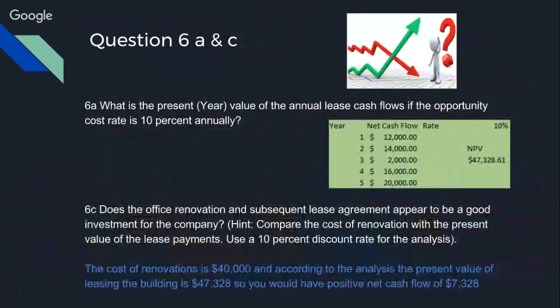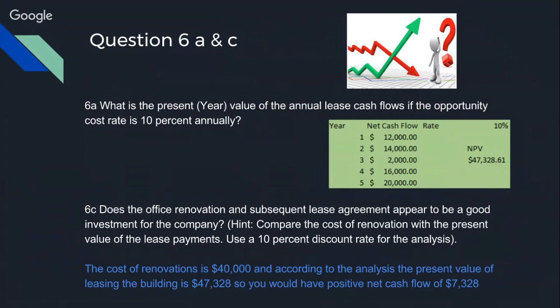Now we've got question 6, A and C. This one is asking what the present value of the annual lease cash flows is if the opportunity cost rate is 10% annually. That was basically just doing a net present value formula in Excel. And we're looking at the $47,328.61.